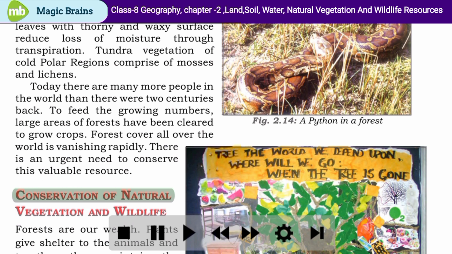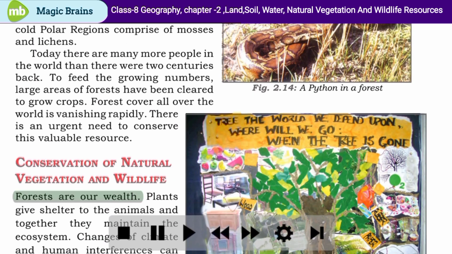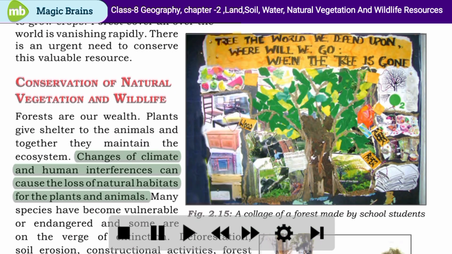Conservation of natural vegetation and wildlife. Forests are our wealth. Plants give shelter to the animals and together they maintain the ecosystem. Changes of climate and human interferences can cause the loss of natural habitats for the plants and animals.